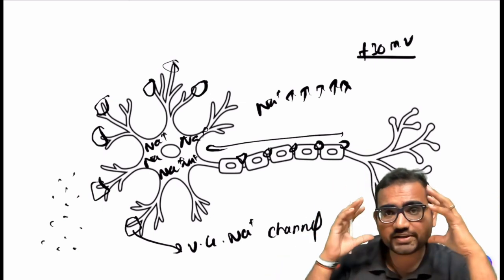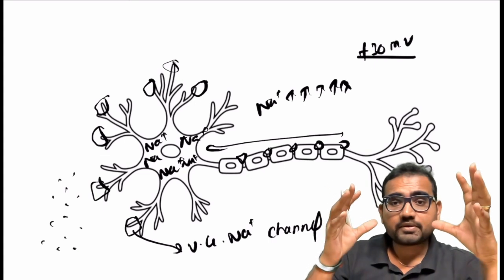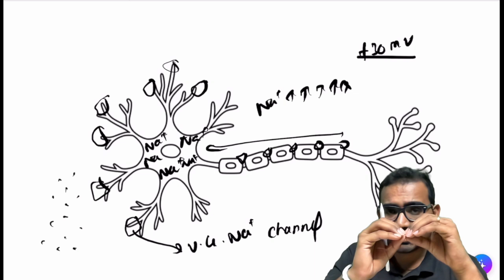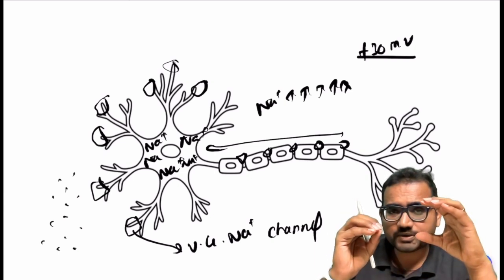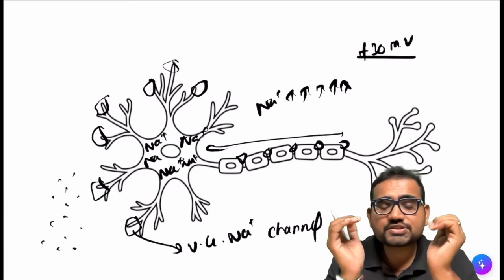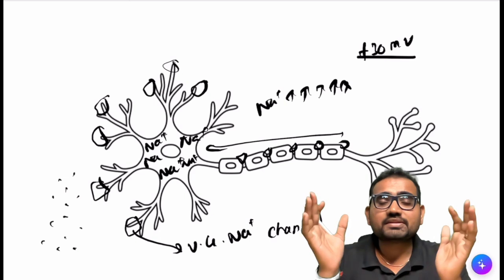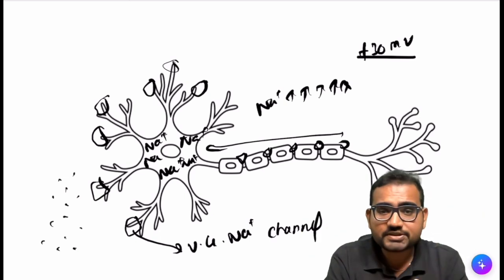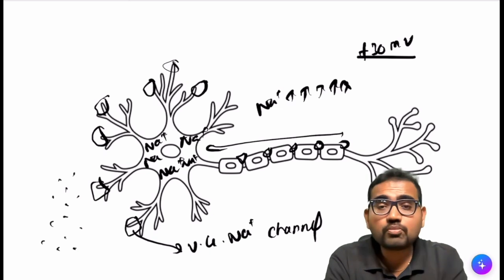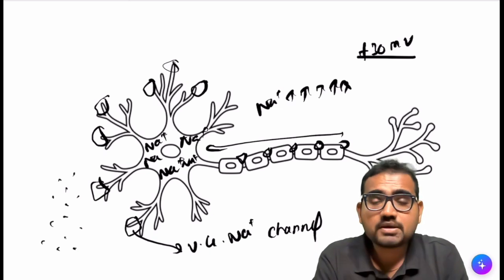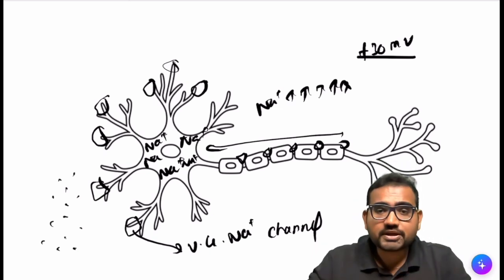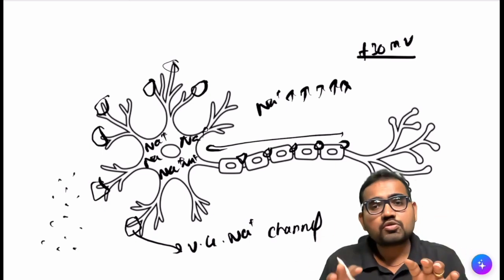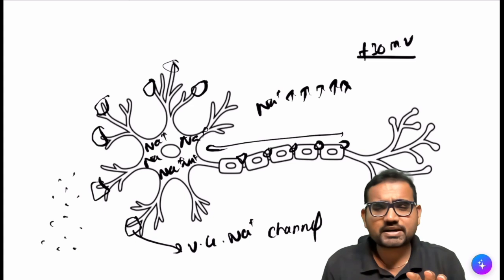Once it reaches the peak, there's an absolute refractory period. I'll draw the graph. It releases the neurotransmitter, and these sodium gated channels get blocked, so no more sodium comes inside. The potassium channels open and potassium moves out. Potassium carries less charge compared to the sodium.